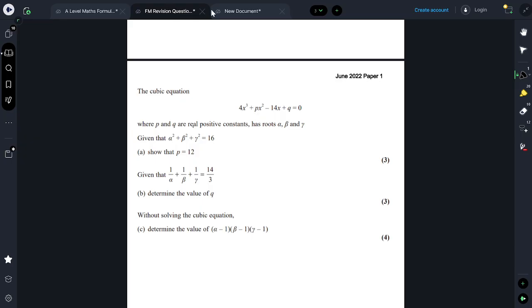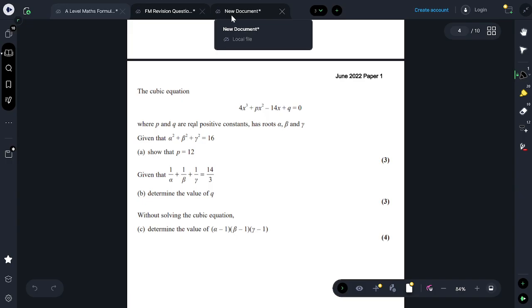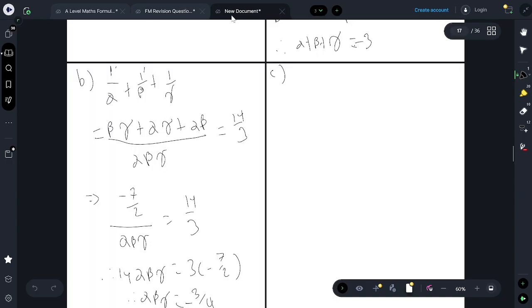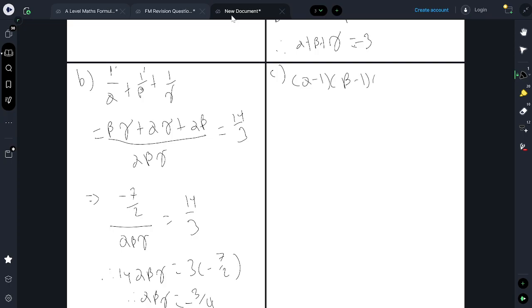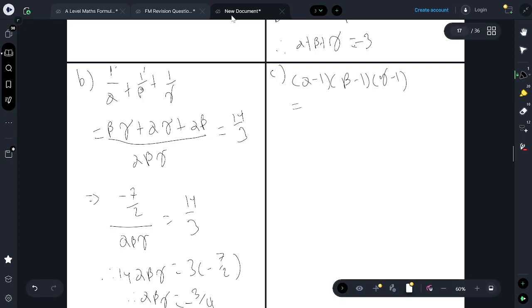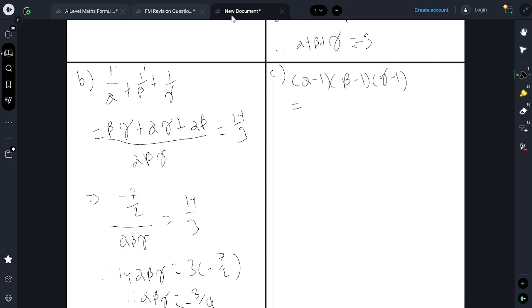So, again, I think the best way to approach this is to realise what this is. When you've got something like that, it's best to try and expand it and see what you can do with it in terms of the products and the sums.